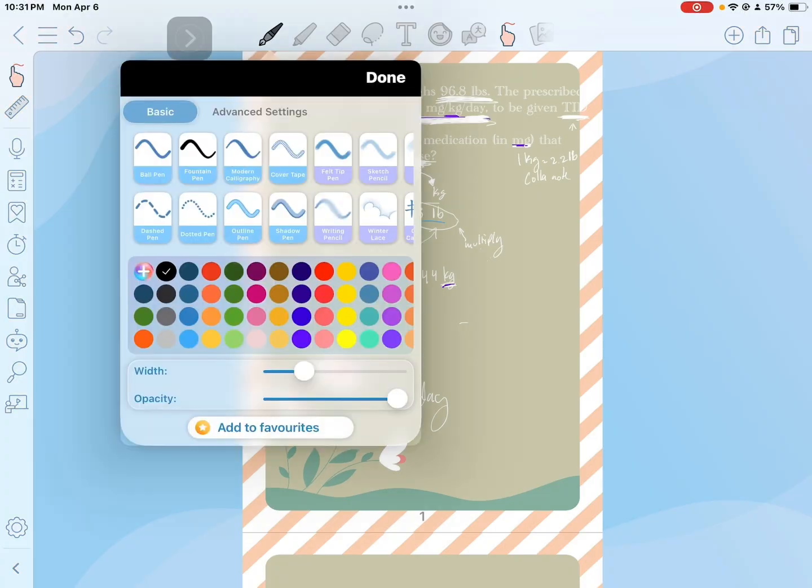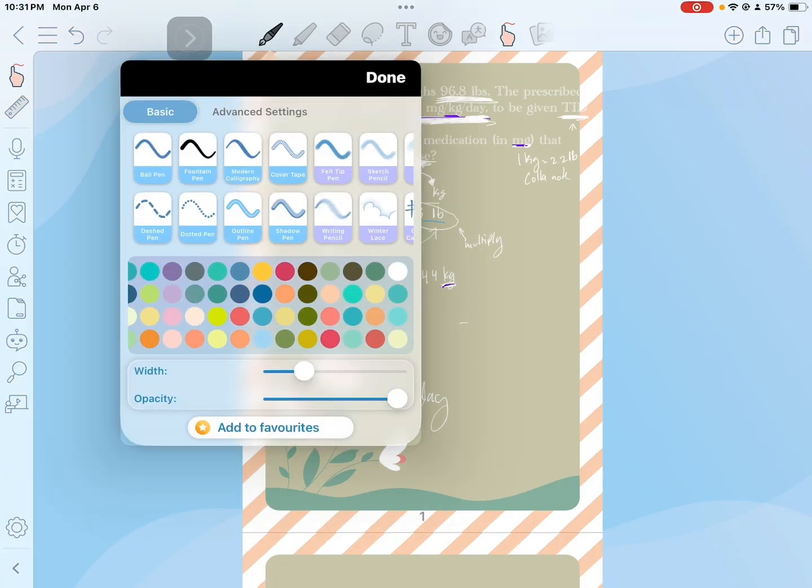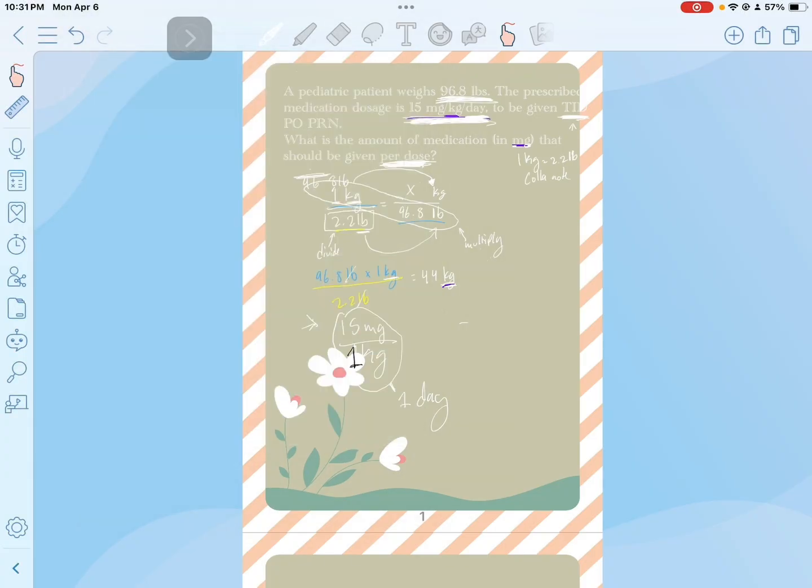And then this equals... Okay, so what is going to be at the bottom? Again, remember, the bottom always is going to match. So it's going to be kilograms at the bottom. The numerator, which is at the top, is going to be milligrams. This is going to be 15 milligrams. No, that's not going to be 15 milligrams, sorry.